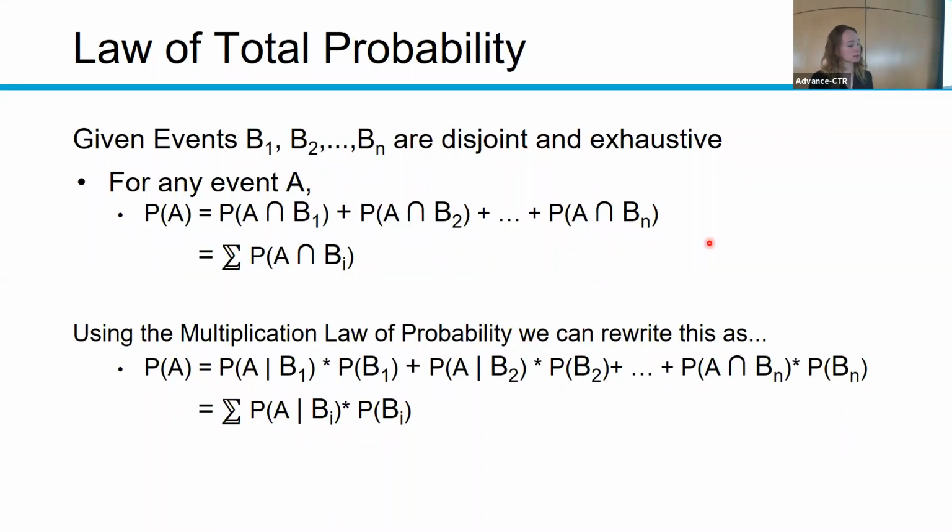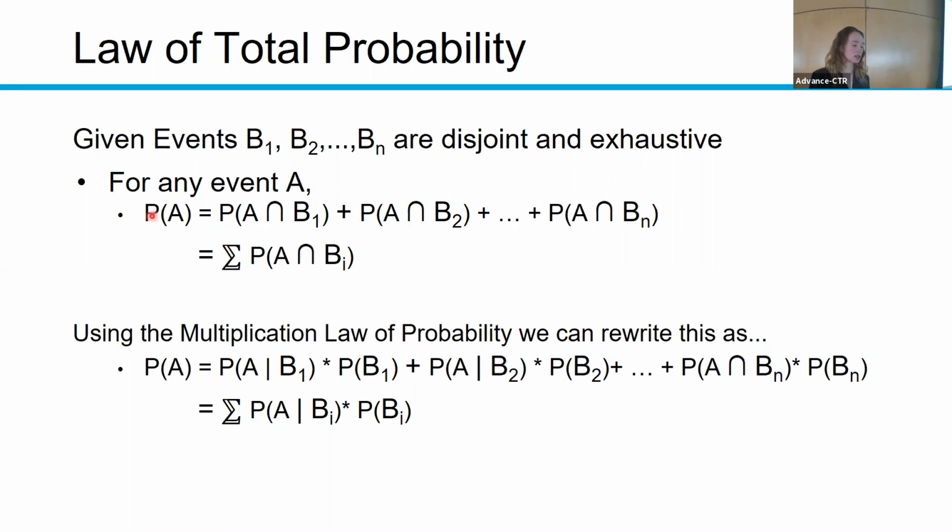Now, using the multiplication law of probability, which we saw on a previous slide, and you can also reference your sheet if you need, the probability of the intersection is equal to the conditional probability times the probability of whatever you're conditioning on.